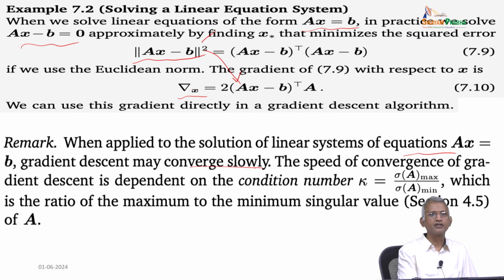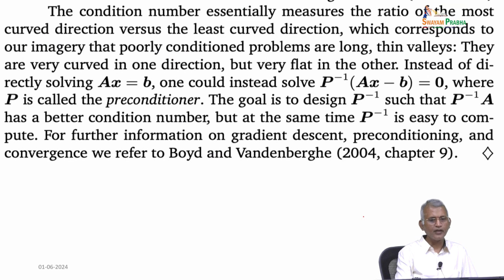The speed of convergence of gradient descent depends on the condition number k equal to sigma max of A by sigma min of A, the numerator being the maximum and the denominator the minimum singular value of A. The condition number essentially measures the ratio of the most curved direction versus the least curved direction, which corresponds to our imagery that poorly conditioned problems are long, thin valleys.